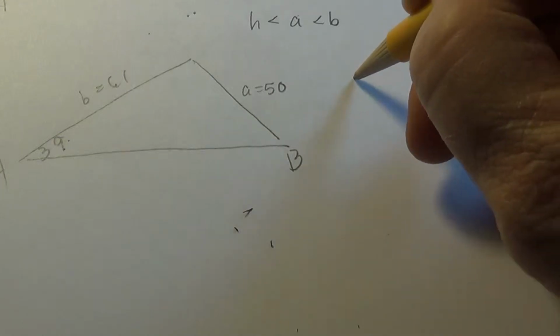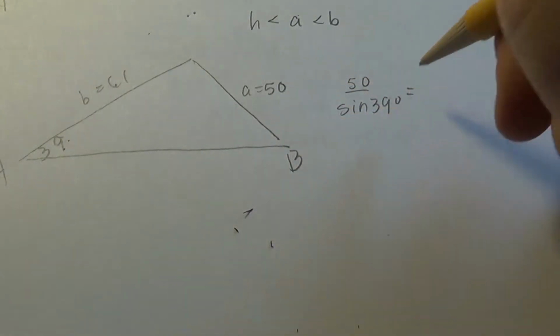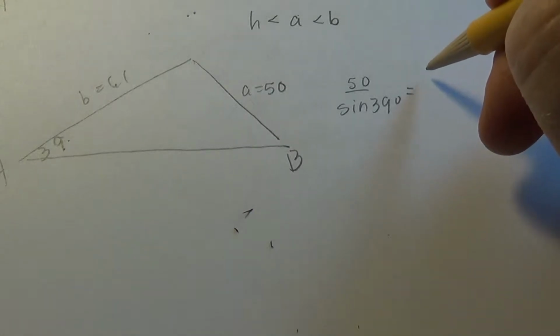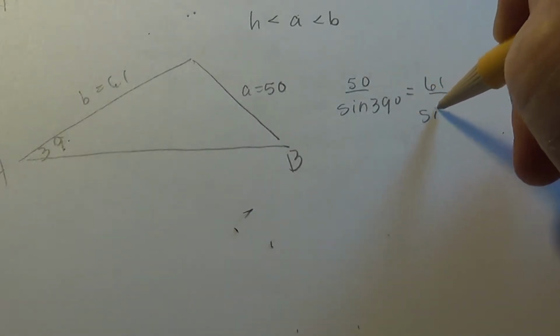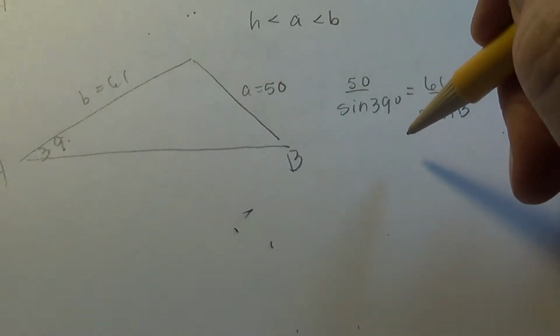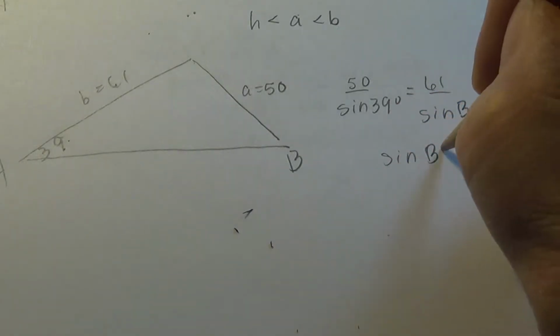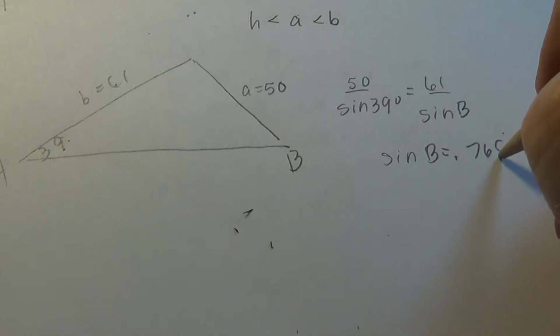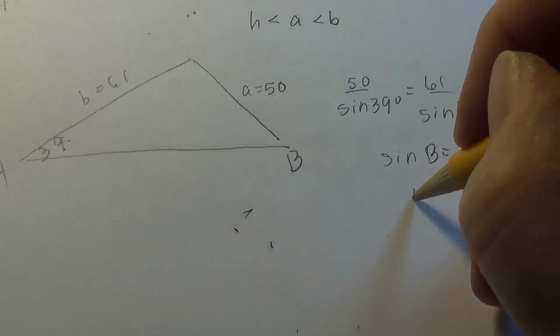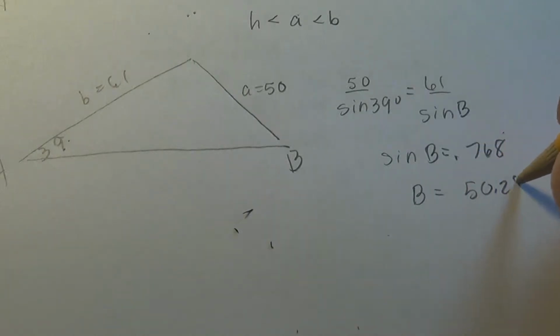I will set up the first one: 50 over sine of 39 equals 61 over sine of B. Cross multiply, get sine of B by itself, and we end up with sine of B is 0.768, and inverse sine would tell us that angle B is 50.2 degrees.